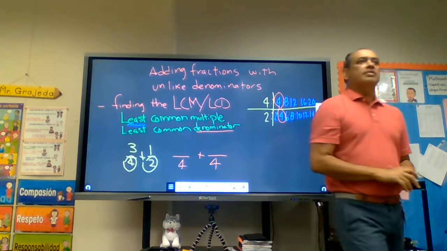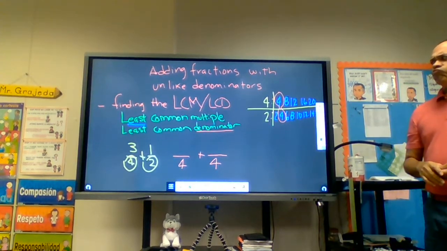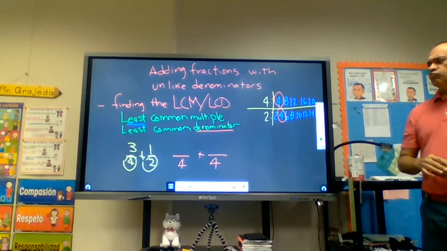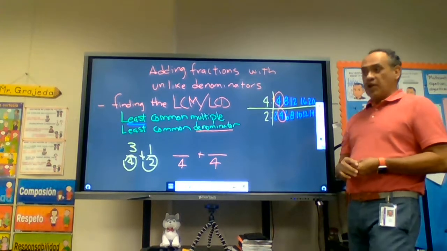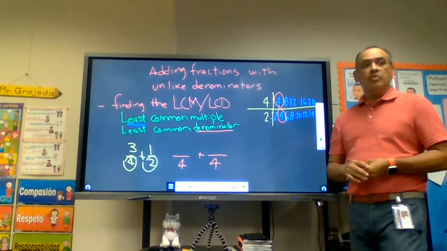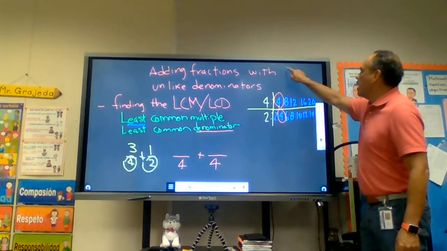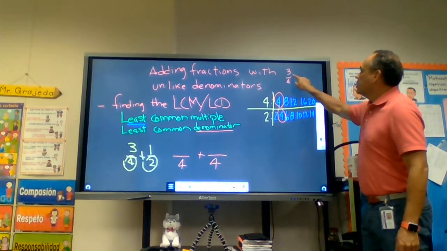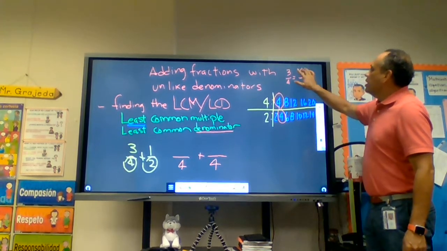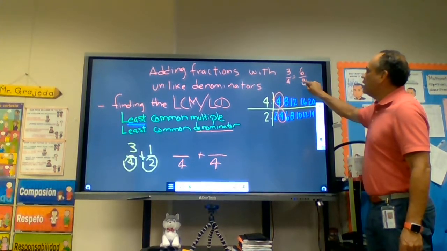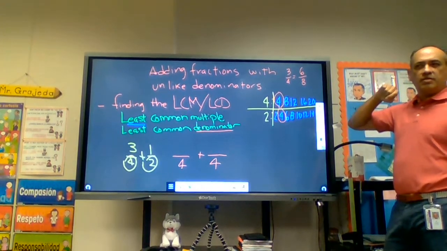Can they stay the same? No, they don't. We need to find equivalent fractions for them. Remember we talked about equivalent fractions: they look different, but they have the same value.